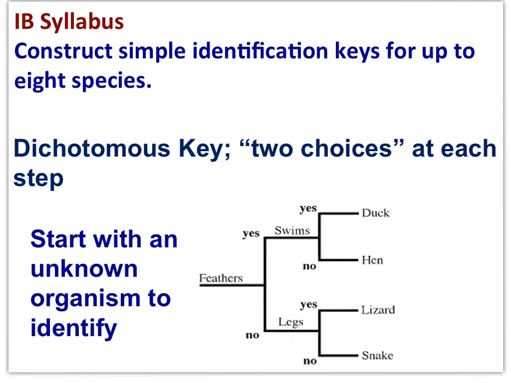For example, starting with an unknown organism. Feathers? No. Legs? Yes. Lizard. The unknown animal is a lizard. Avoid using vague terms such as large or small, dark or light when constructing simple identification keys.